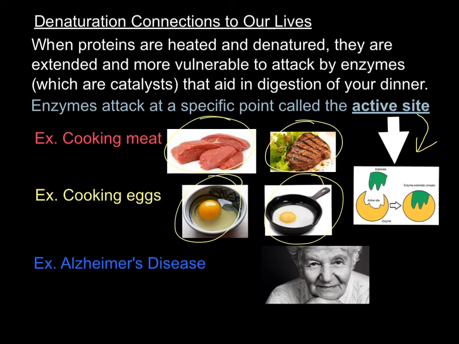And lastly, another example that's not with food is Alzheimer's disease. This is a disease that plagues many of the elderly in our lives, or people that we know of. And what happens here is that in the brain we have proteins that, due to certain conditions in the brain, will slightly denature.